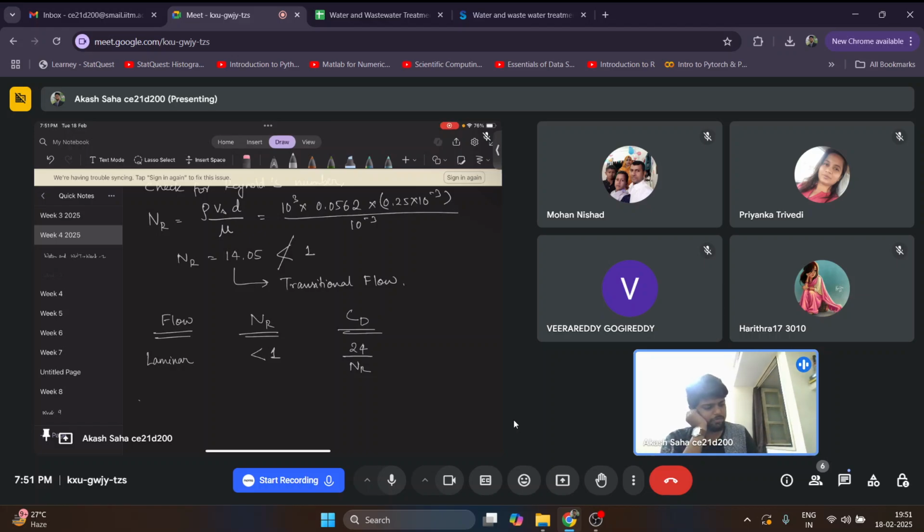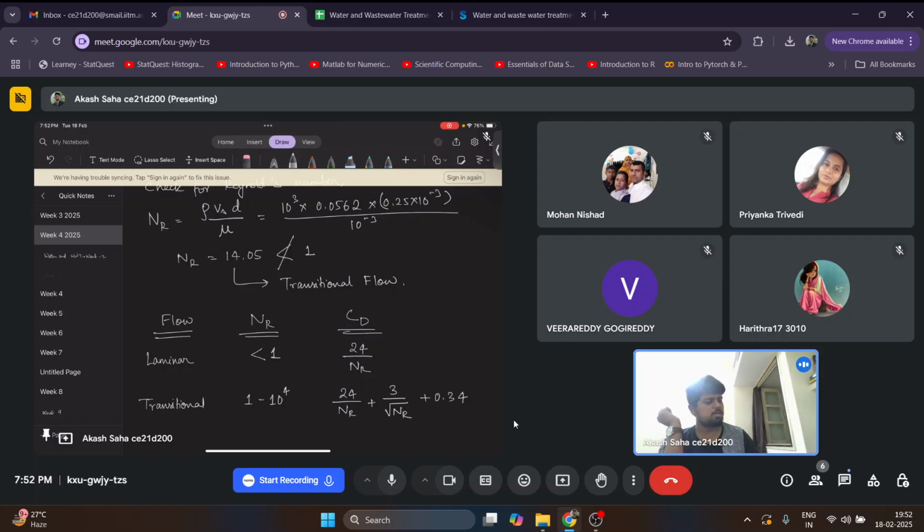If the flow is transitional, the Reynolds number should be 1 to 10 to the power 4, and CD is 24 by NR plus 3 by root NR plus 0.34.